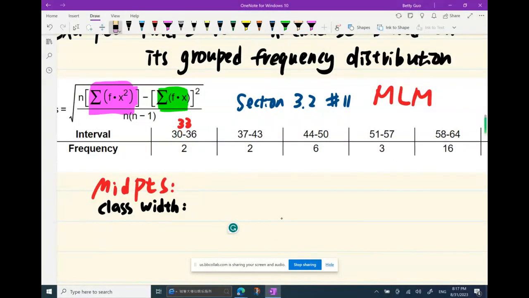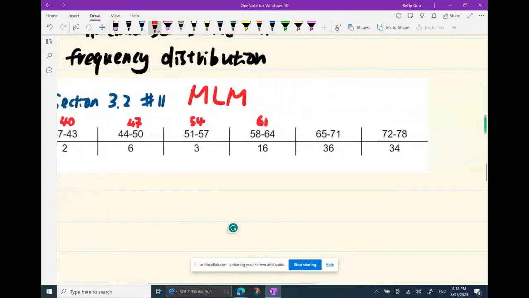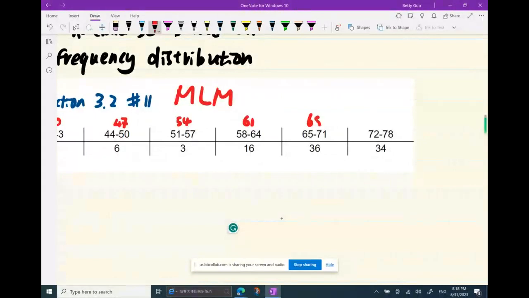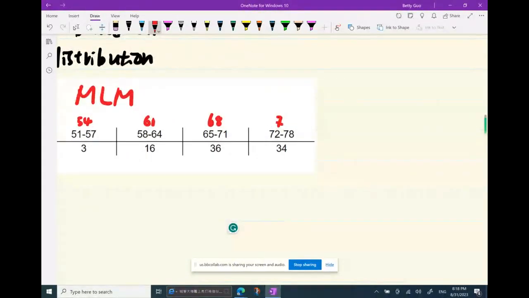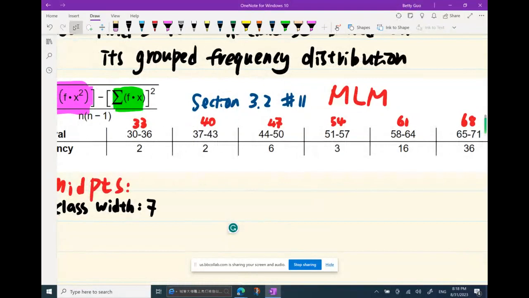The distance between them is 7. So the class width is 7. We are going to add a 7, add a 7, add a 7 to get the other middle points. 33 plus 7, 40 plus 7, plus another 7, plus another 7, plus another 7, plus another 7. If you want, of course, you can just take the average of the two limits, but this way I think is faster.